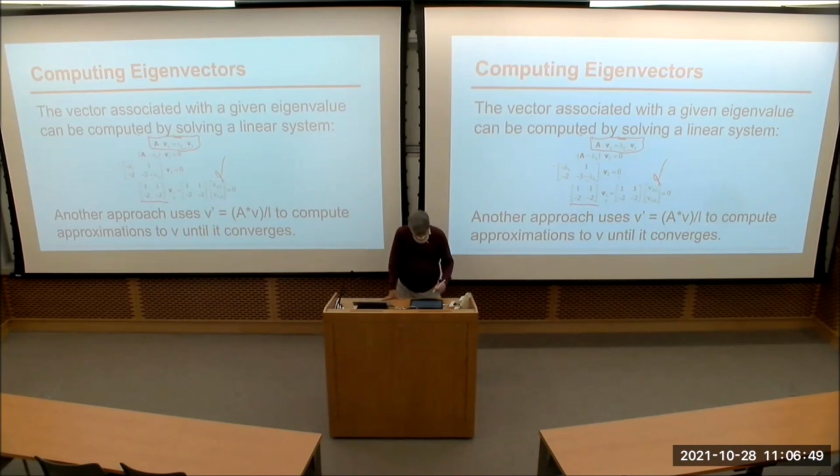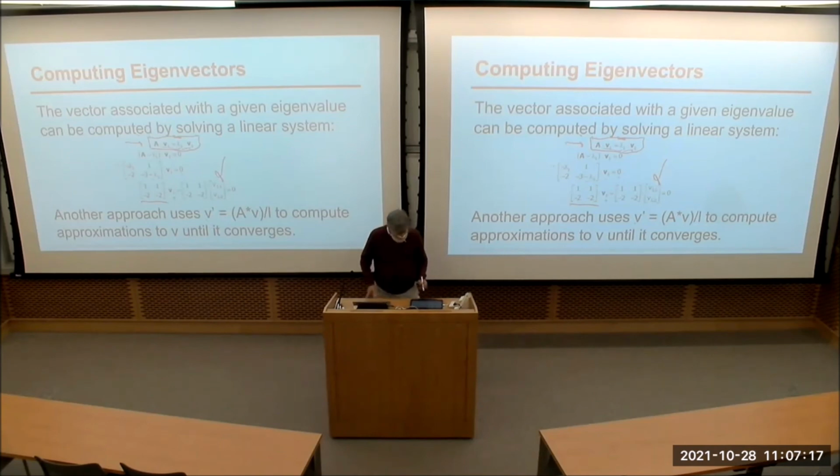You can also use this equation to find an approximate solution for that vector more quickly. If A times V equals lambda times V, and we divide both sides by lambda, V is equal to A times V over lambda.